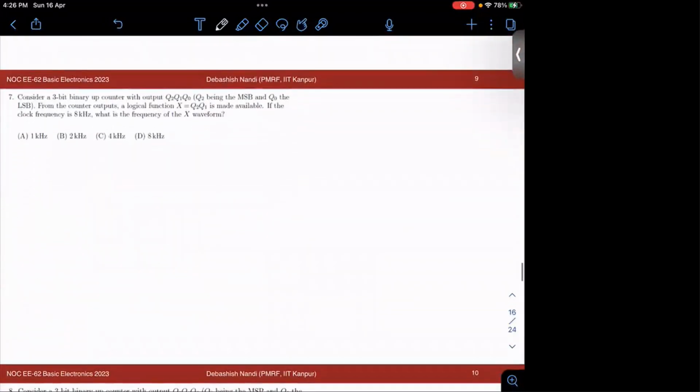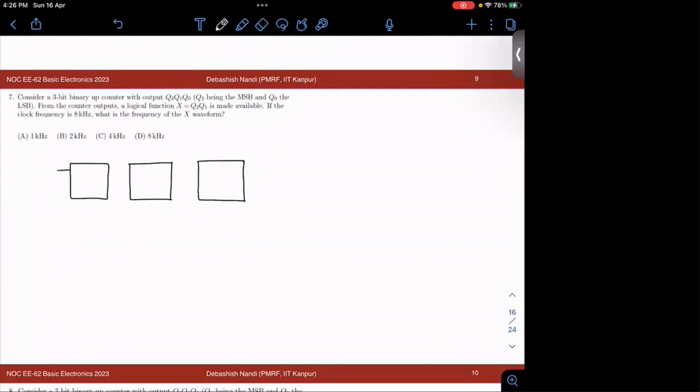So next, moving on to a 3-bit binary up counter with an output Q2 being the MSB. Okay, so let us see how to design an up counter. Three-bit binary up counter will be something like this.